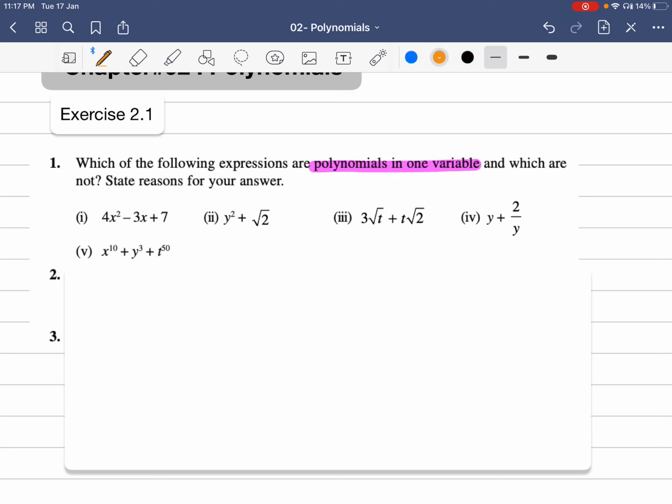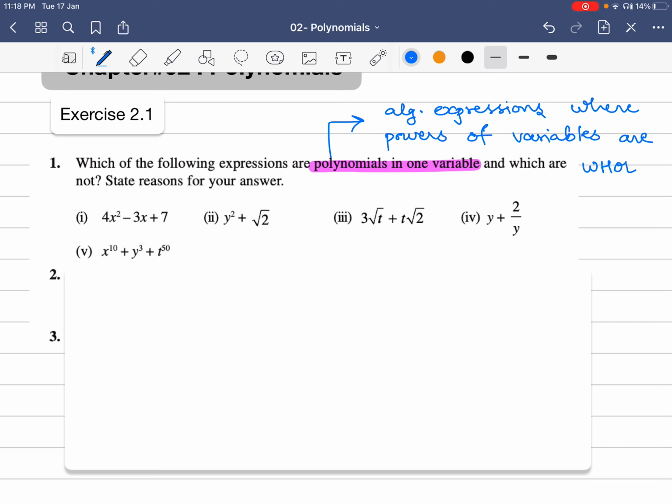Now to quickly revise, what are polynomials? Polynomials are algebraic expressions where the powers of variables are whole numbers.